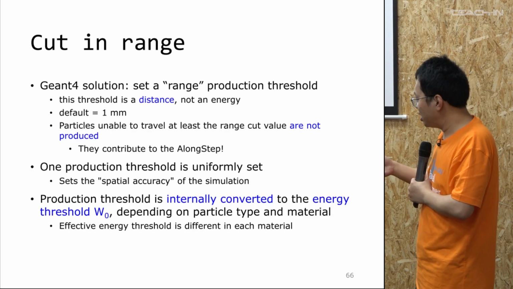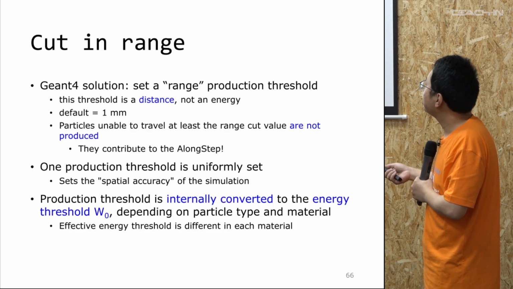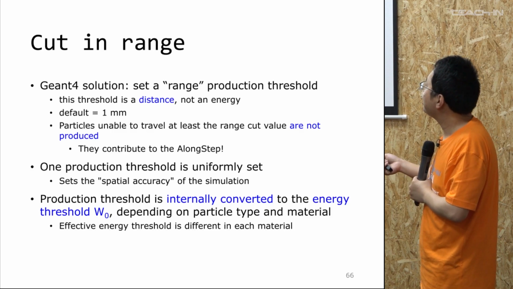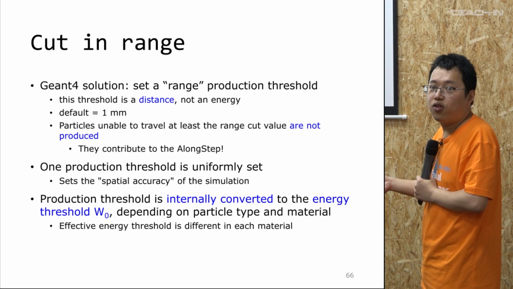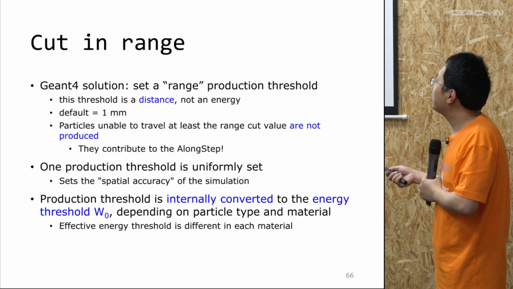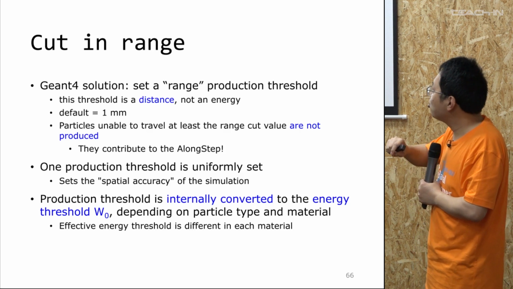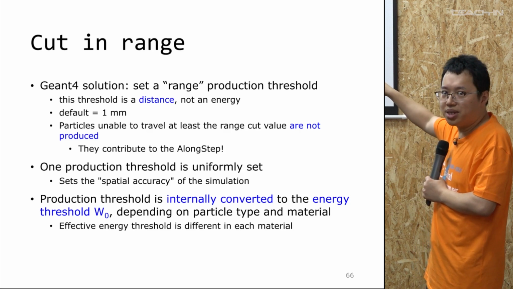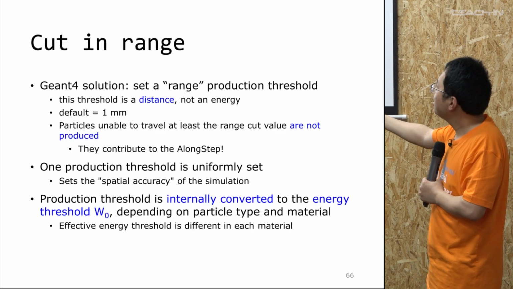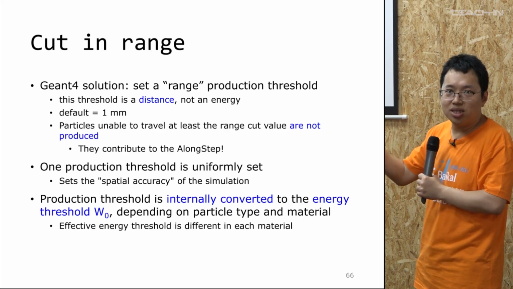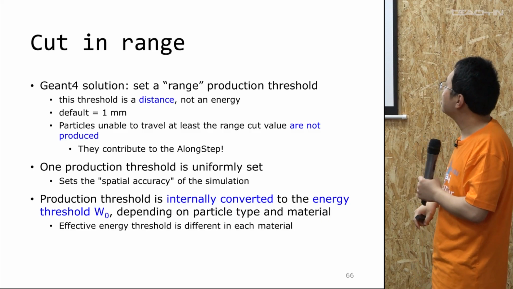That's why Geant4 chooses this distance instead of the energy. By default, if the secondary cannot travel 1 millimeter, which is the default value, this secondary will not be created, and the energy will just be deposited.